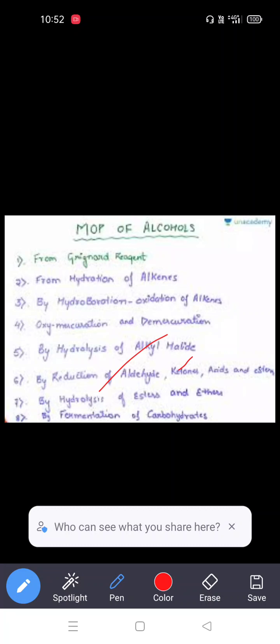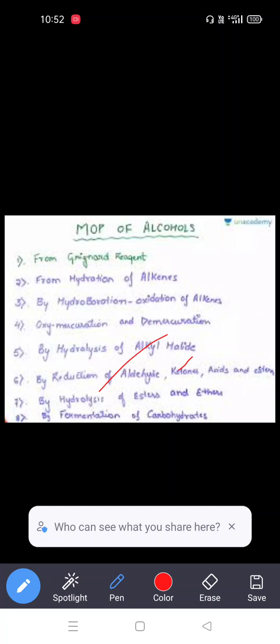We conduct the hydrolysis process of esters and ethers, the cleavage of the bond between the carbon and oxygen, to produce alcohols and carboxylic acid. For example, if you take an ester involved in the hydrolysis process, the products we get are carboxylic acid plus alcohols.